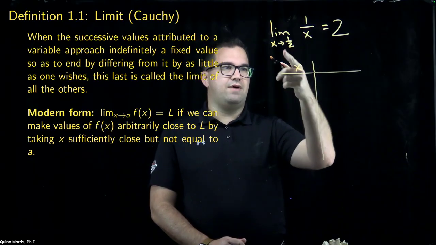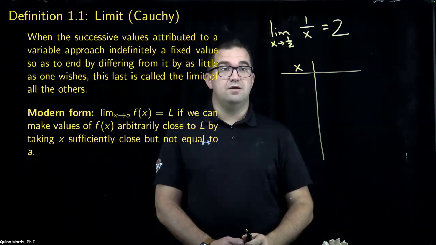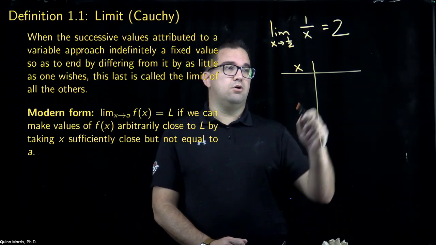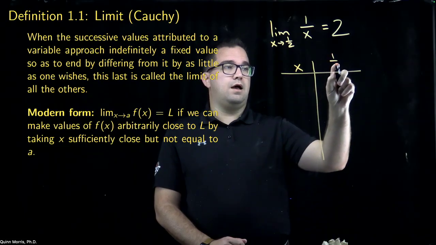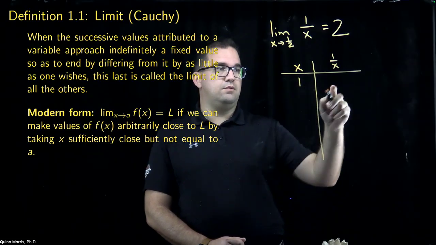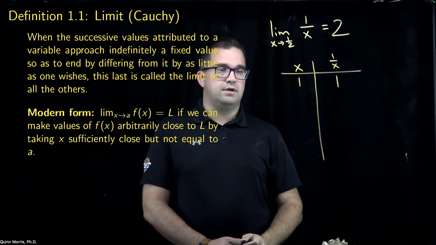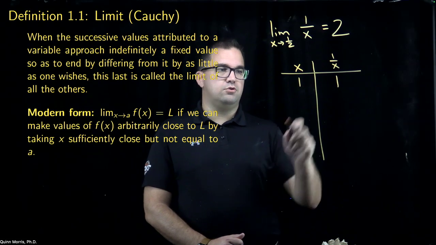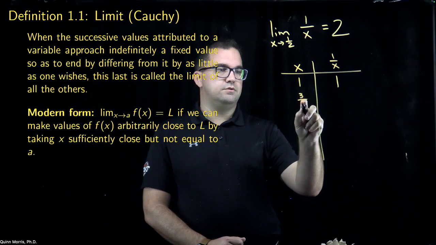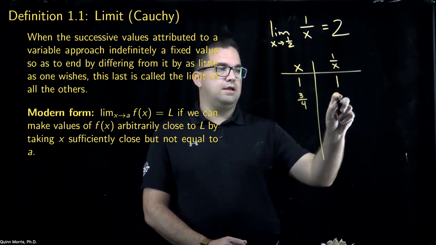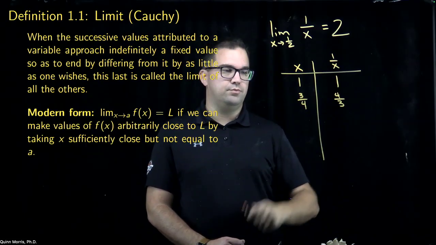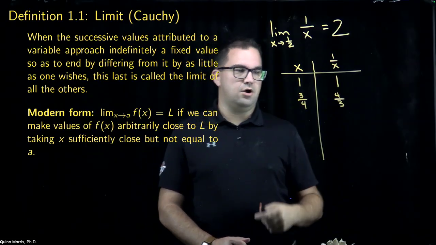Okay, well, what if I take x values that are getting closer and closer to 1/2? I could start by looking at, say, 1, and 1 over 1 would be 1. Okay. And then I could say, well, I need something a little closer. How about 3/4? And that would give me 4/3, which you'll notice is a little bit bigger than 1. It's closer to 2.